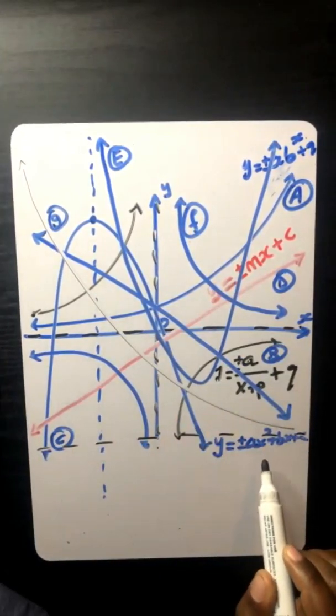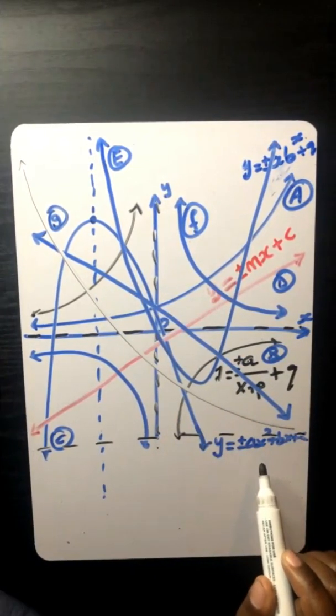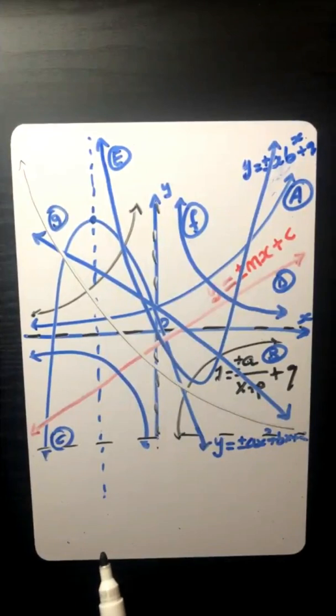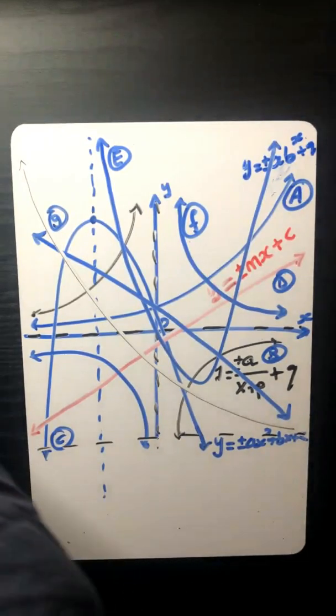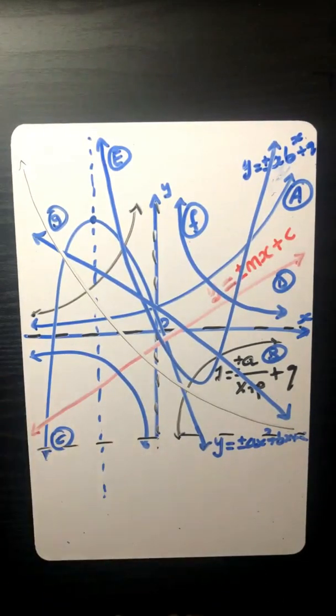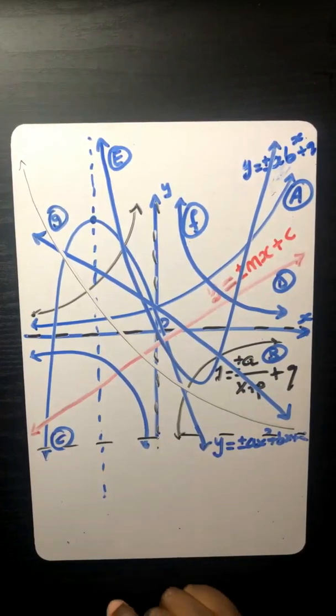A, B, C, D, E, F, G, H. What's the name for H, guys? Is someone who wants to name that one? With letter H, what can we call it? Any name, guys?